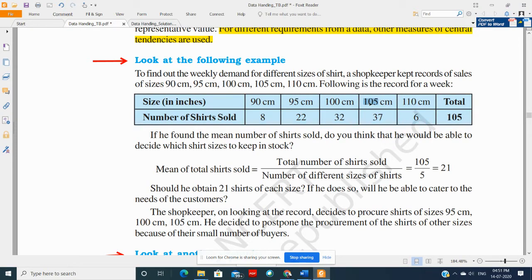Now, that doesn't make sense because if you look at the table and observe the data, you can find that the number of shirts sold for 90 centimeter is 8 and for 95 centimeter is 22.